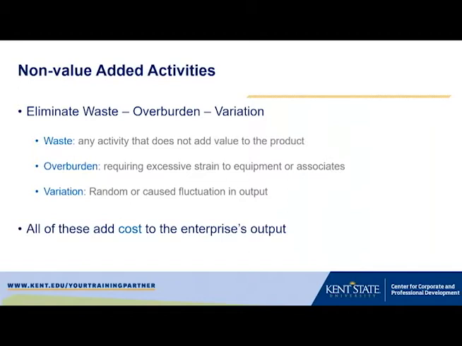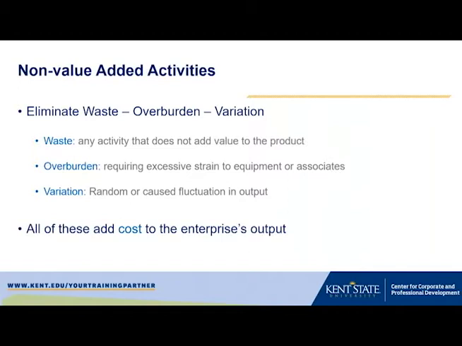So now that we know what those things are, the question is how do we go about this? How do we get on this lean journey that we're right part, right time, right quantity, solving problems immediately, eliminating waste, overburden, variation, keeping people as our center point?